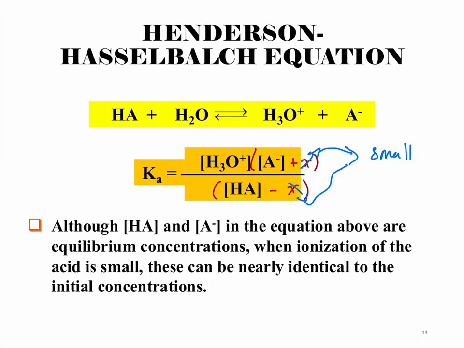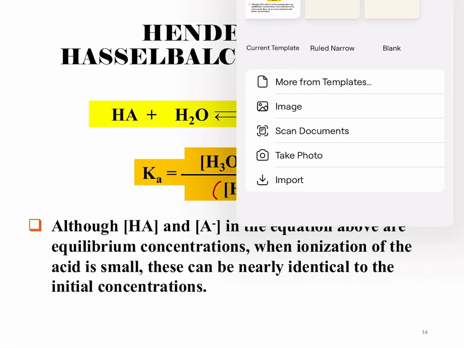And so we can take the logarithm of both sides of our equilibrium relationship to then find a relationship between pKa, the pH of the solution, and the ratio of conjugate base, or conjugate acid, and weak acid. Right, so we take minus the logarithm of both sides.